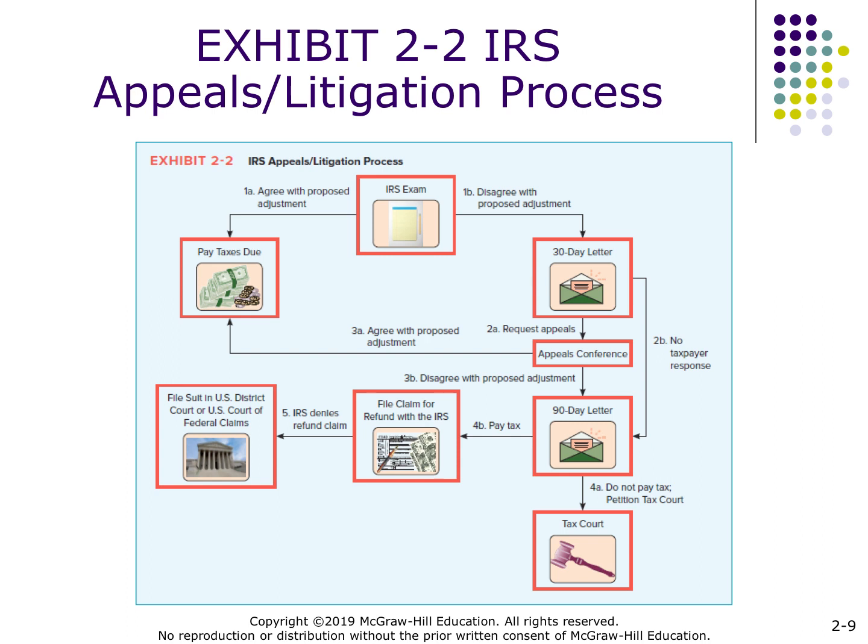So this is a graphic from your textbook, and it's a pretty good graphic because it explains the appeals and the litigation process. The reason I include this, even though we don't do a tremendous amount from the legal side of tax information right now, is that it's important to know that there is an appeals and litigation process.